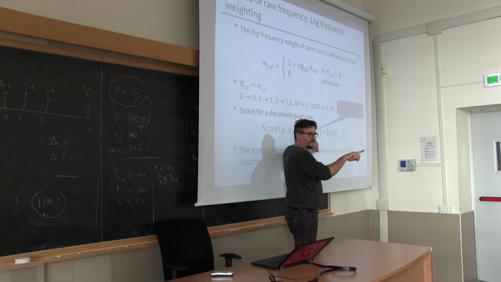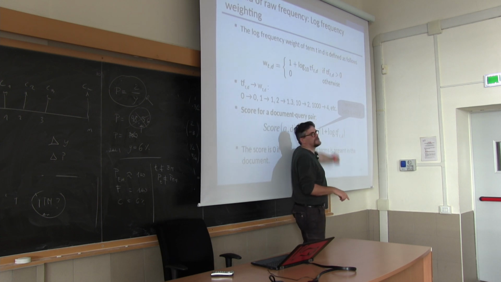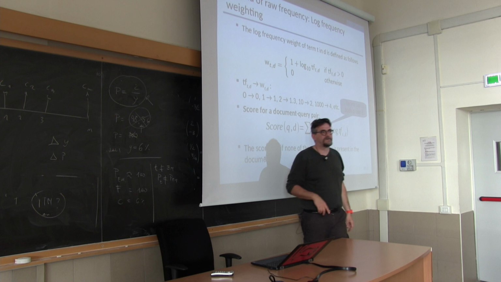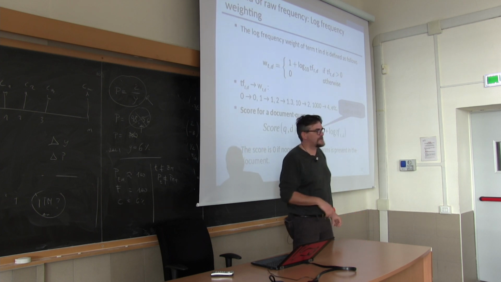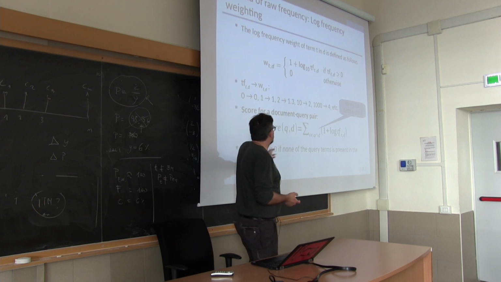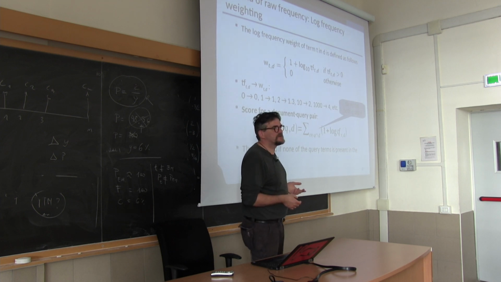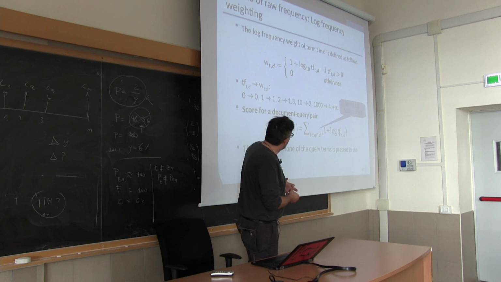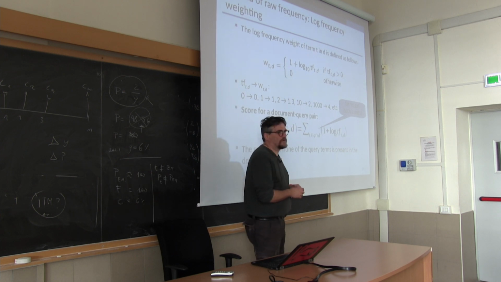It is not a linear weight, it is a logarithmic one, for the arguments we discussed so far. And clearly, the score is 0 if the term is not present in the document.